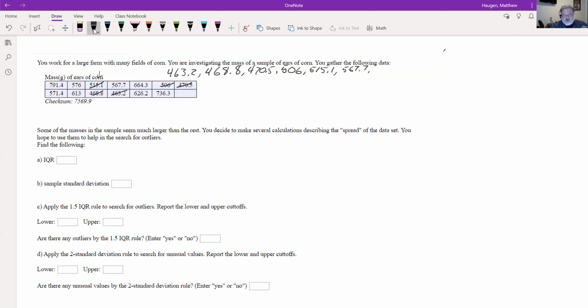So that value is going to occur in between those two. So our Q1 is going to be the mean of those two. So Q1 is going to be the 470.5 plus the 506 divided by 2. So we got to figure out what that is.